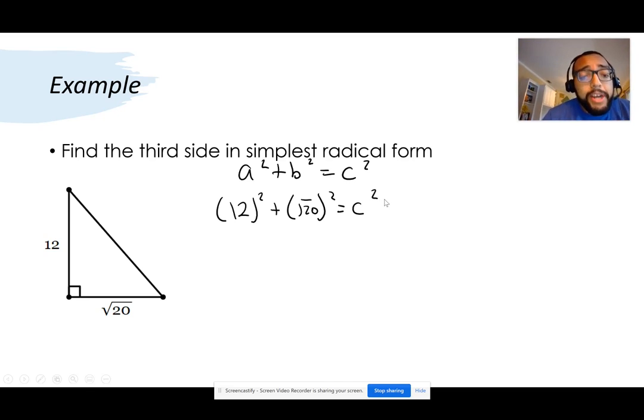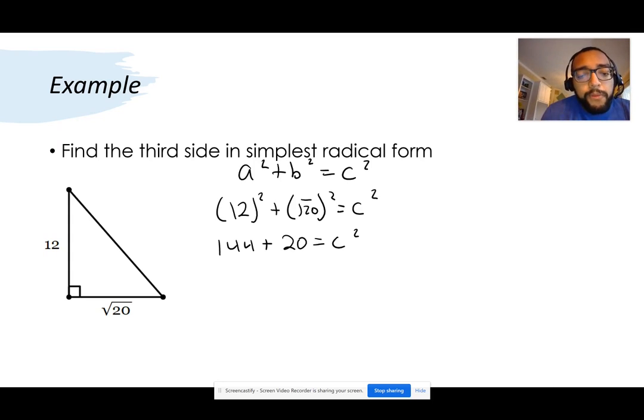So 12 squared we know is 144. Again, you can either use your calculator. Don't be afraid to use your calculator. Or if you saw from last time, whenever you square a square root, they quote unquote cancel out. So here, the square root of 20 squared is just 20.